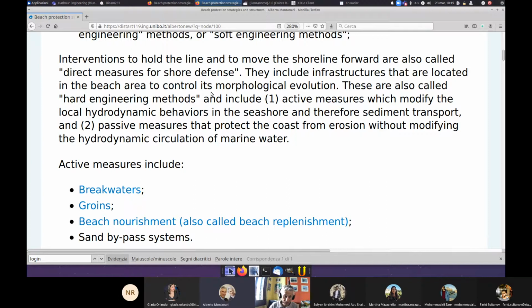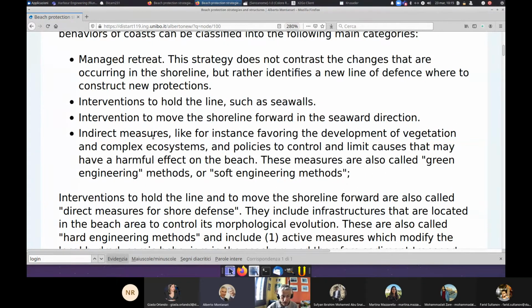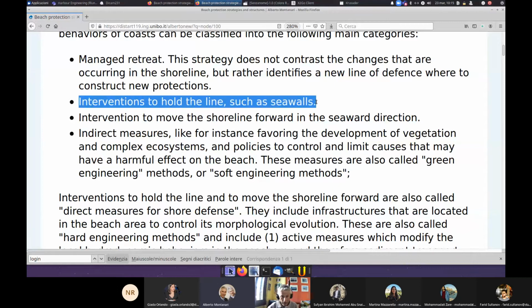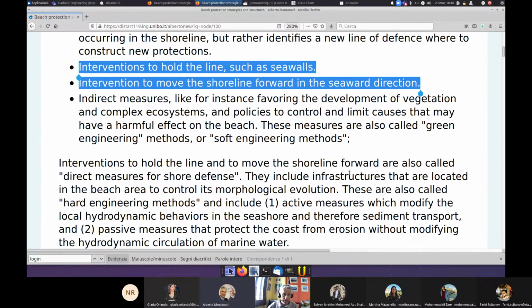And therefore, let me make the classification again. We have this first classification in 4 categories, and in particular, the interventions to hold the line, okay, and to move the shoreline forward, these 2, are also called direct measures, as opposed to the indirect ones, which is the 4th category.